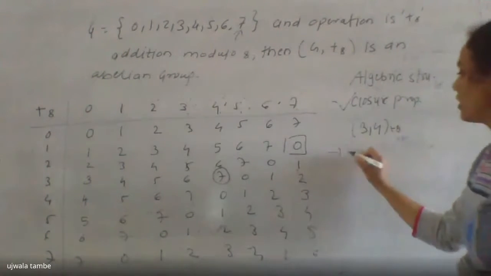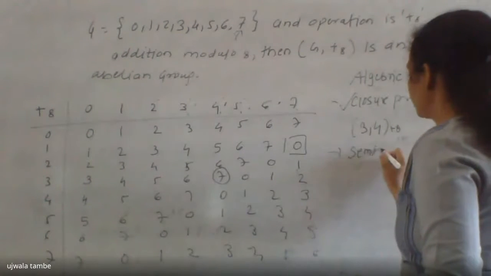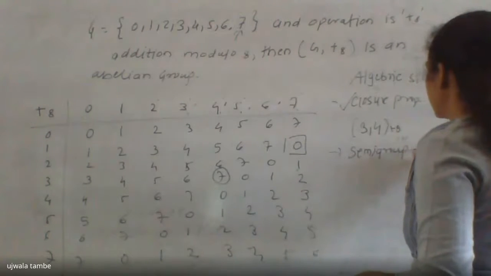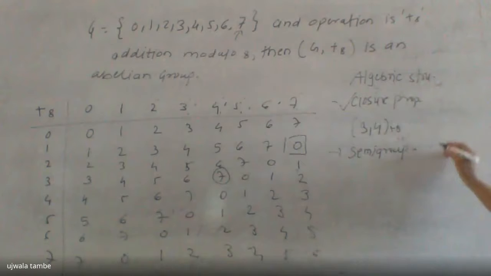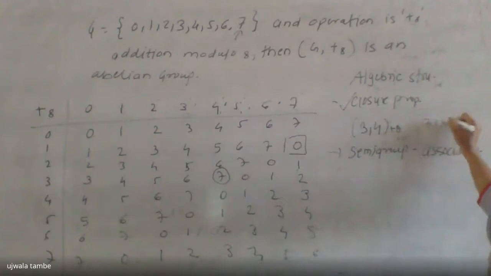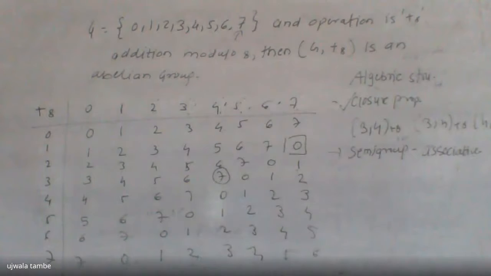Now, we have to check for semi-group. For semi-group, it should satisfy the algebraic structure as well as the associative property. So pick the same numbers, 3, 4 mod 8 and 4, 3 mod 8, and check whether it gives us the same values.